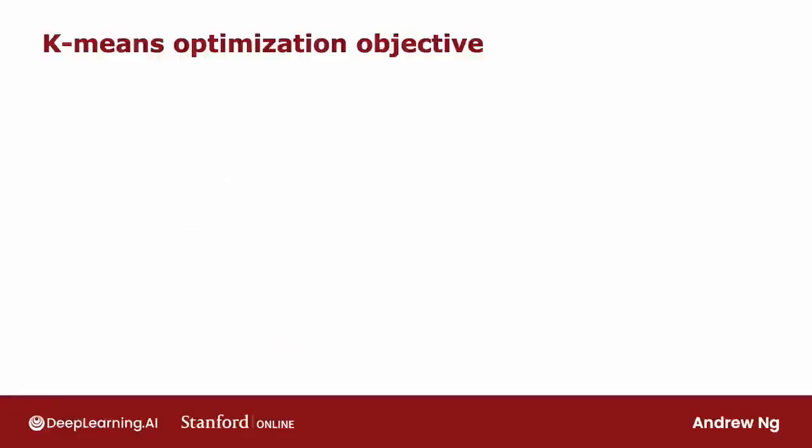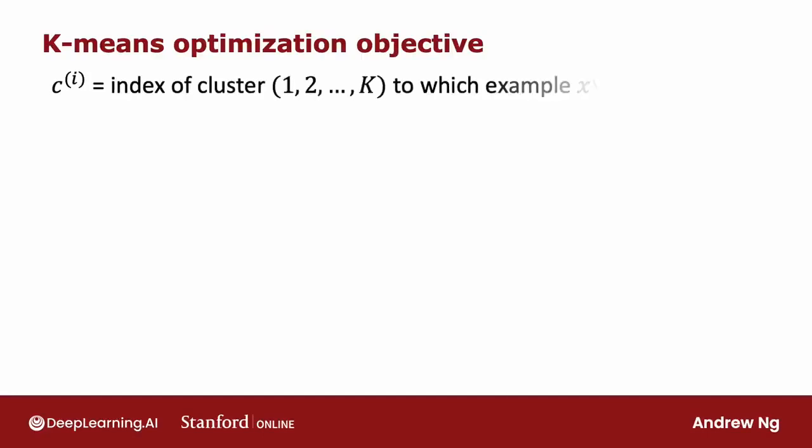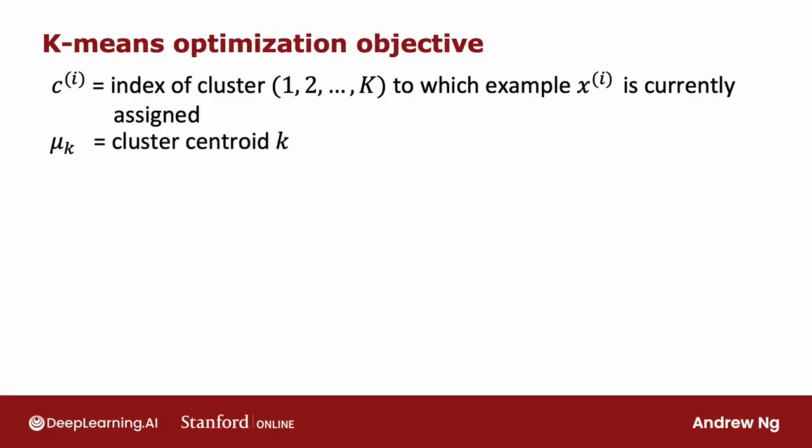Let's take a look at what is the cost function for k-means. To get started, as a reminder, this is the notation we've been using, where ci is the index of the cluster. So ci is some number from 1 through k of the index of the cluster to which training example xi is currently assigned, and mu k is the location of cluster centroid k.